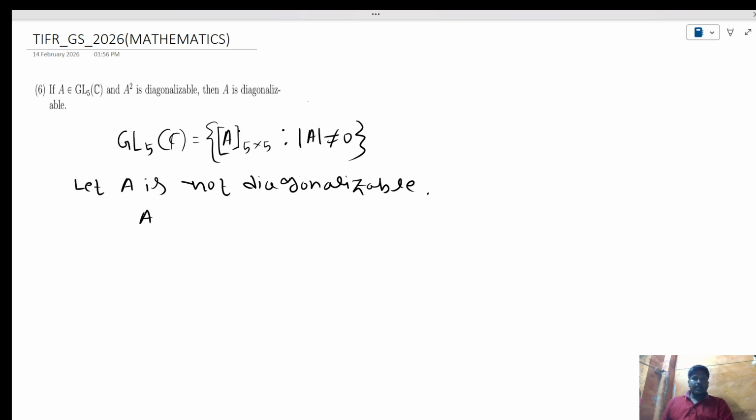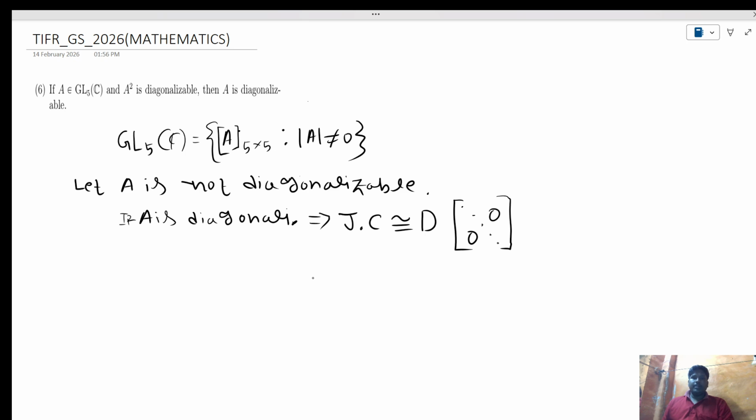That means if A is diagonalizable, which implies its Jordan canonical form is a diagonal matrix जिसका diagonal में सिर्फ आइगन वैल्यू रहेंगे, बाकी upper diagonal element and lower diagonal element will be zero. But here A is not diagonalizable.